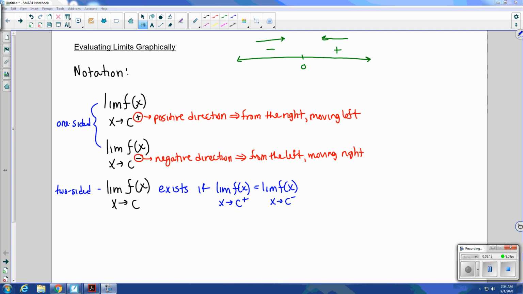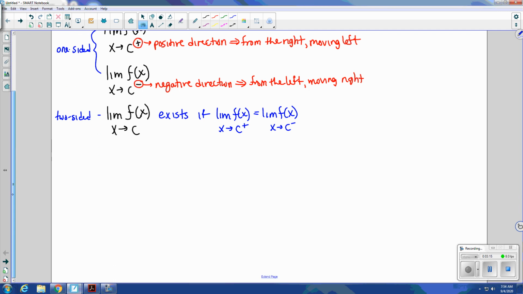Now, when it comes to actually determining the value of the limit, what is it that we are looking for?